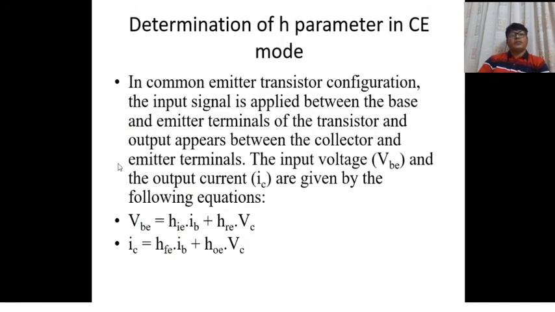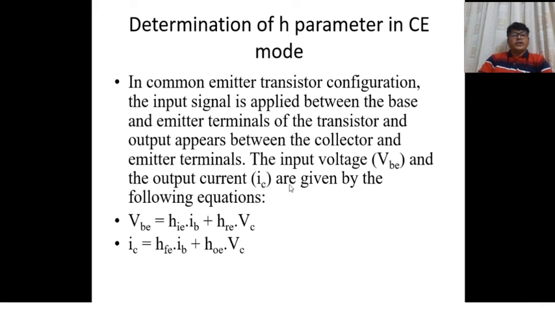Now in order to determine the H parameters in CE mode, so in common emitter transistor configuration, the input signal is applied between the base and emitter, and knowing that you can calculate these 4 parameters. So the input voltage, I'll take that as VBE, because the emitter is common for input as well as output. The input current is treated as the base current, output current is taken as collector current, and output voltage is taken as the voltage across the collector and emitter.